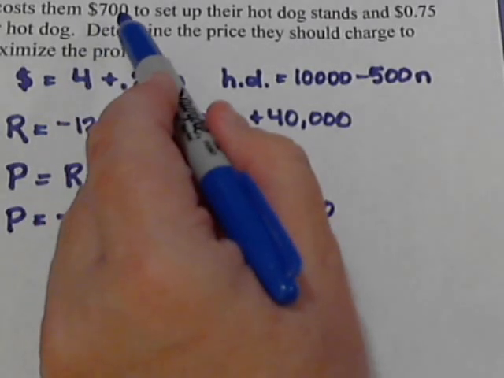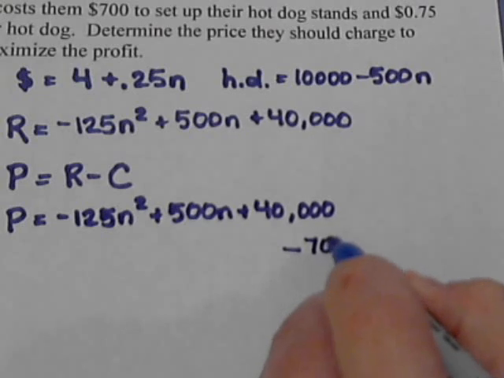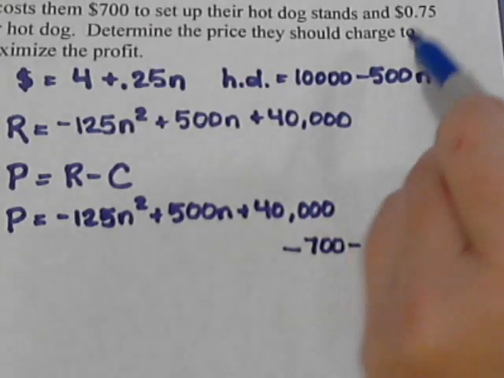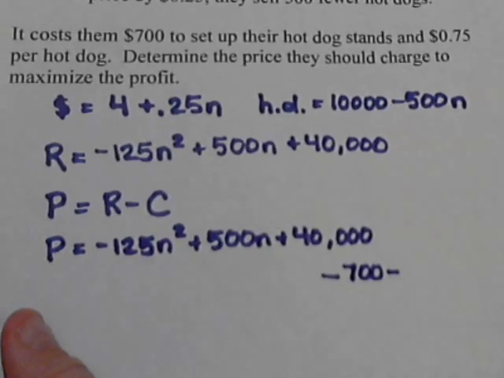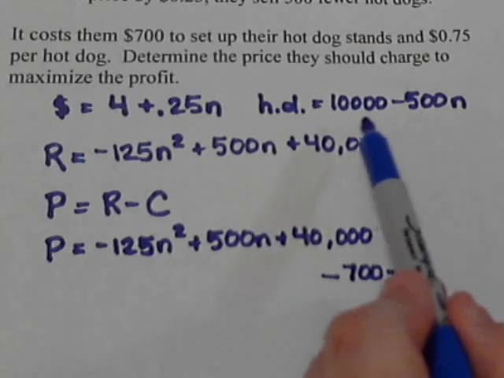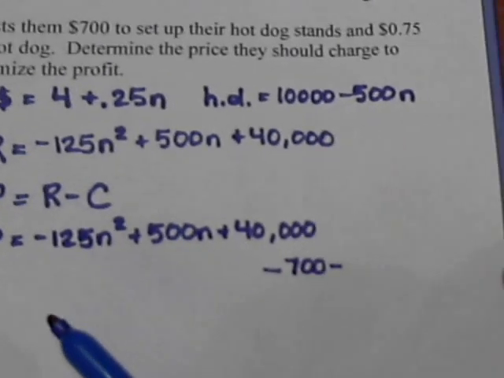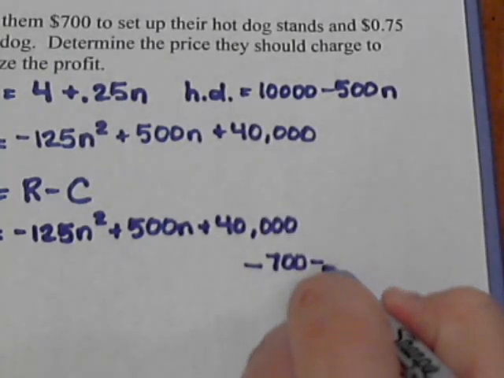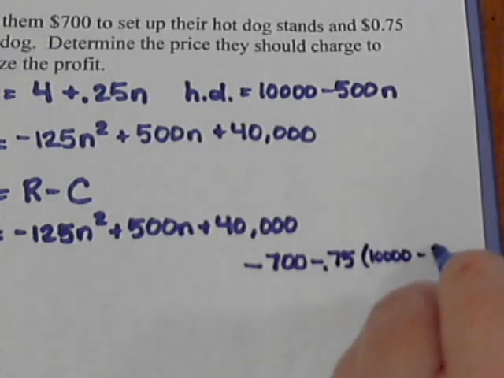Well, we know it's going to cost $700 just to get this set up, so we're going to have a minus 700. But we're also going to have to pay 75 cents per hot dog. Now, remember, how many hot dogs are we selling? We don't have a specific number because it's going to change, but here's our formula for the hot dogs. So we also are going to have to subtract 75 cents times the number of hot dogs, 10,000 minus 500n.